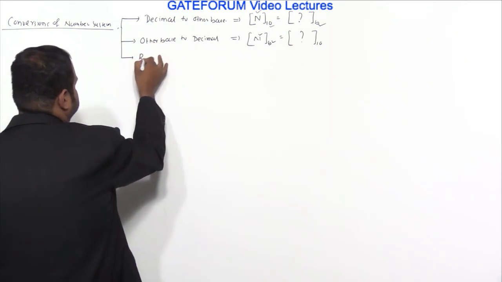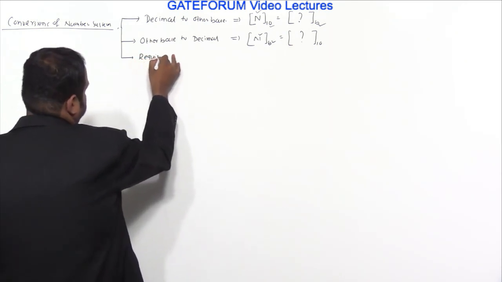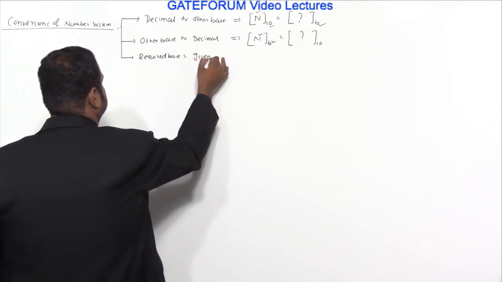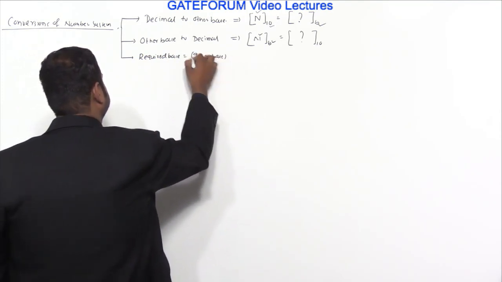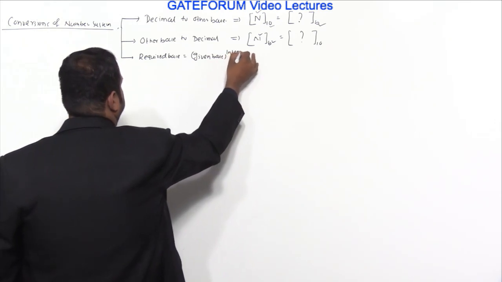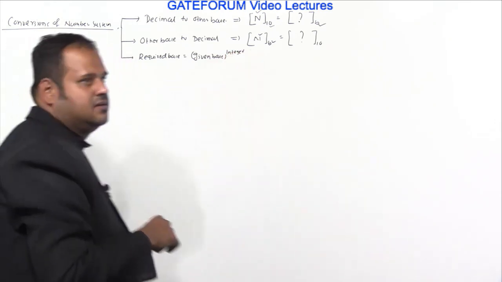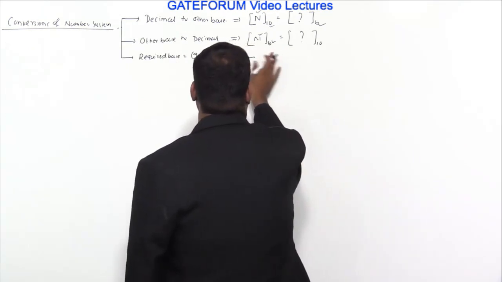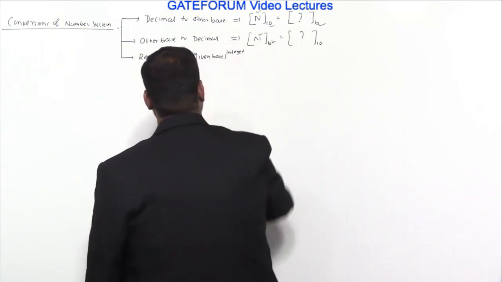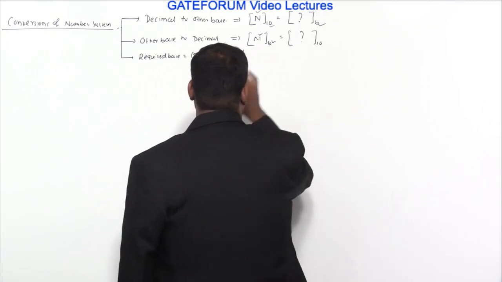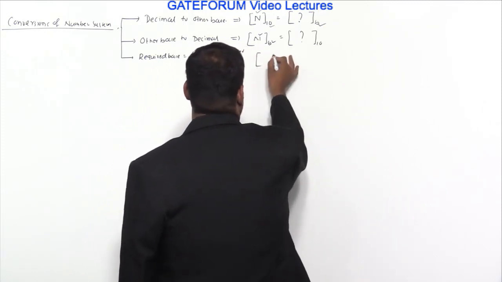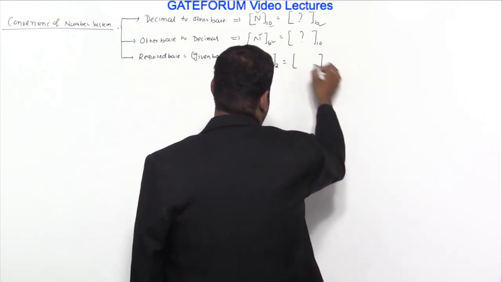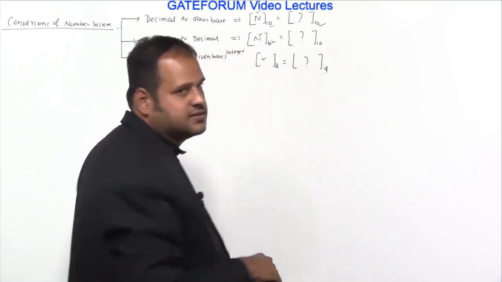is if the required base equals the given base to the power of some integer. So this is another model. For example, suppose a number is given in base 2, and we are supposed to find the base 4 equivalent of this.